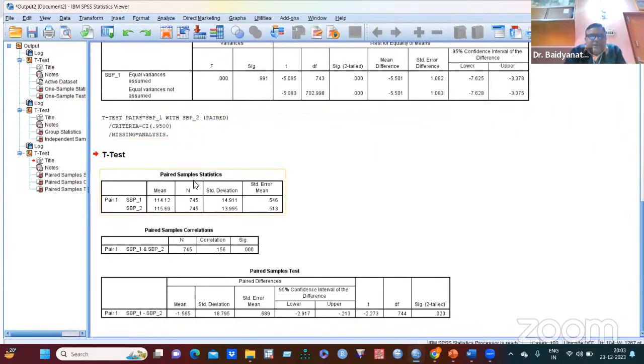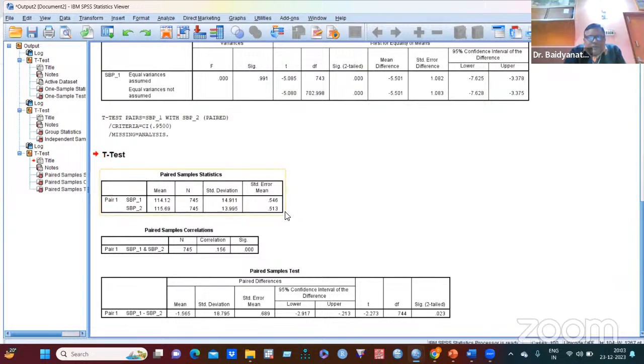Paired samples statistics, pair SBP1 mean is this one, 114.12. Number of observations 745. Standard deviation is here, 14 point something. And SBP2 also mean is 11.5, same sample, and standard deviation 13.99. Okay.